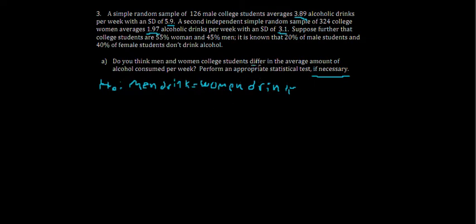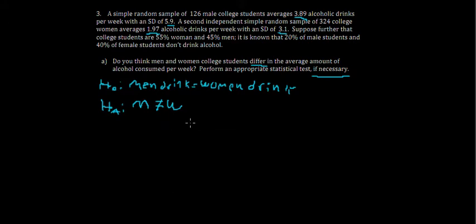Does that mean we do a one or a two-sided test? It means we do a two-sided test because we're asked if they differ. We're not asking which one's greater. We don't care which one's greater. We only care if they differ. So, let's call it M is not equal to W, right? The men and women do not drink the same amount. That is our alternative hypothesis.